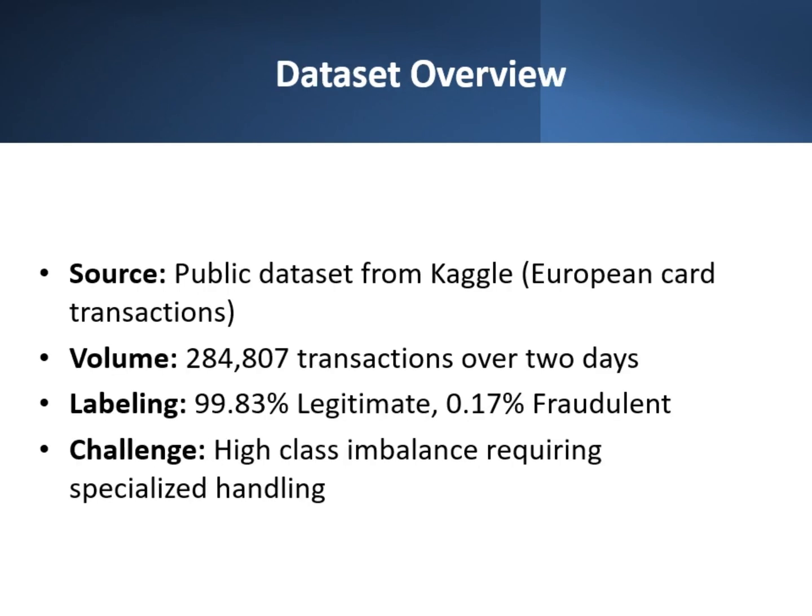We used a publicly available dataset on Kaggle containing nearly 285,000 credit card transactions over a period of 2 days, including both legitimate and fraudulent cases. Fraud accounted for only 0.17% of the total transactions, highlighting a very significant class imbalance that makes detection challenging.